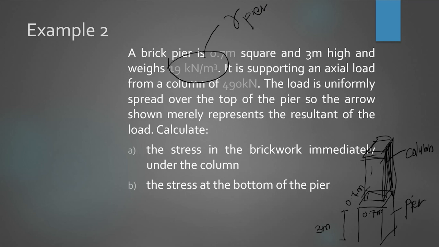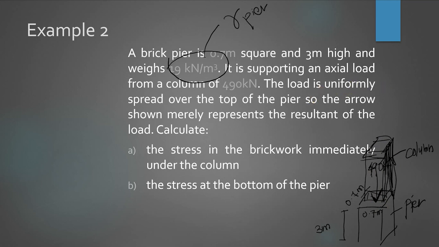It is supporting an axial load of column 490 kilonewton. So on top of this pier there is a column whose axial load is 490. So from the column it goes down to the pier, 490 kilonewton. So you have 490 kilonewton force acting on the pier from the column.